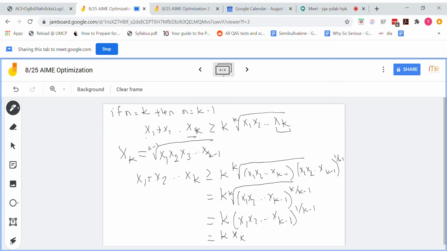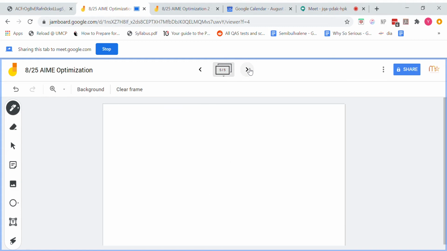From here, it's pretty easy to see where we can go. We have x1 plus x2 all the way to xk is at least k times xk, right? And then so we get x1 plus x2 all the way to x k minus 1 is at least k minus 1 times xk, right?